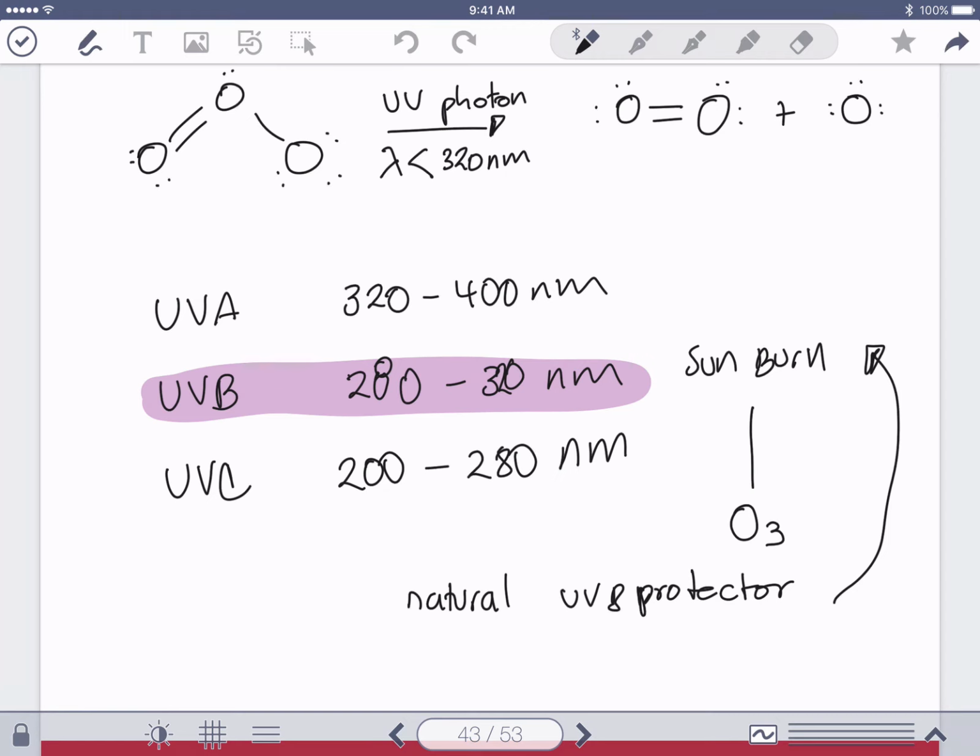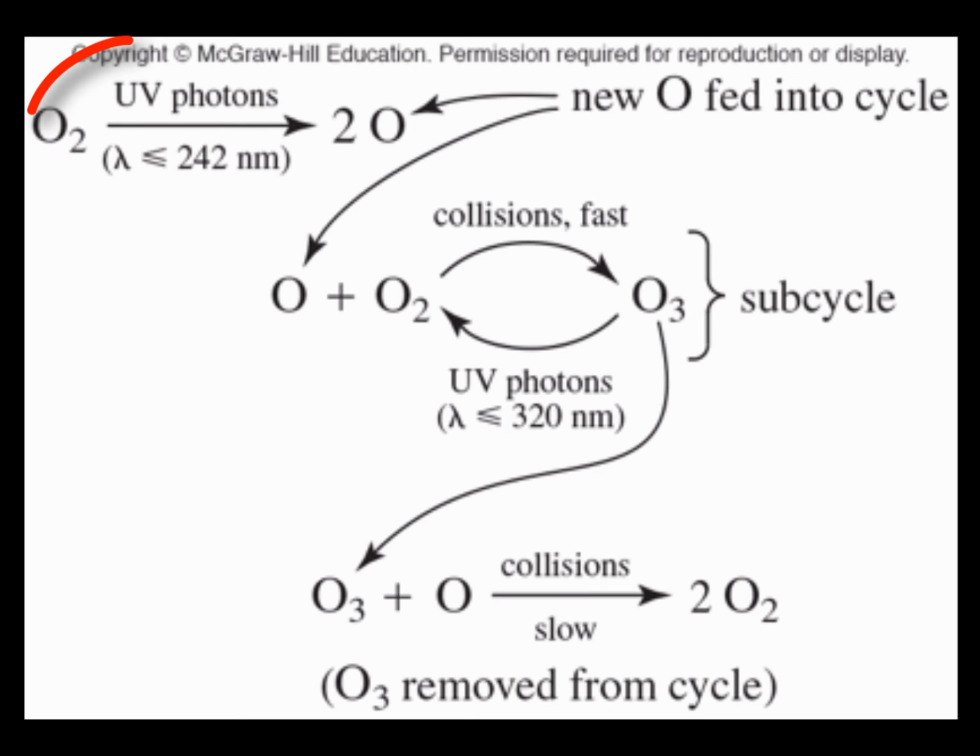So what happens next? Oxygen in the upper atmosphere will react with UV photons, and it will break apart, giving some oxygen atoms by themselves, which, due to very fast collisions, will form ozone.